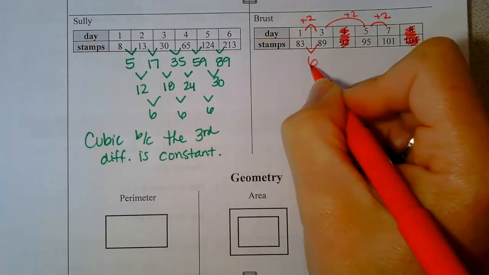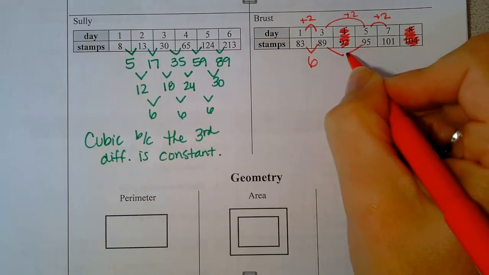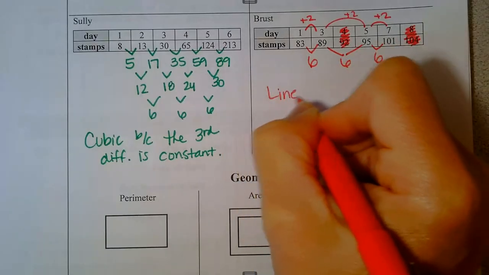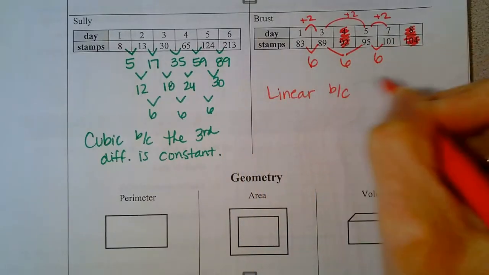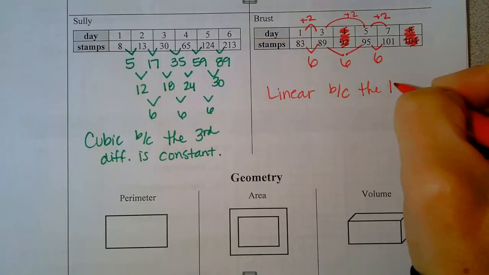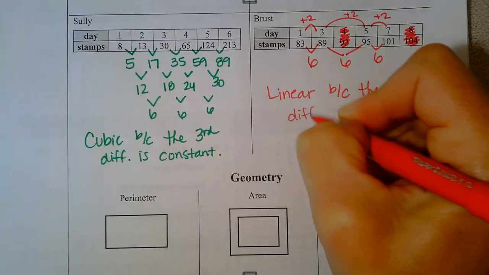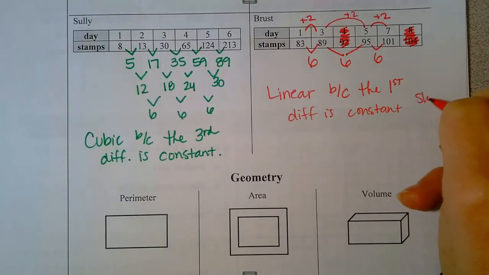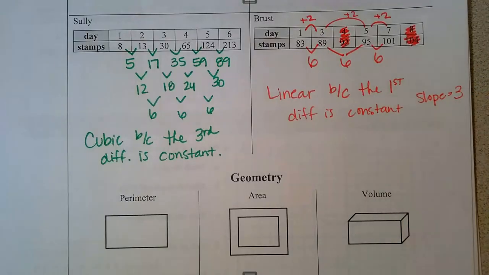So what is this? 6, 6, 6. So this is actually linear because the first difference is constant, and it's a slope of 3 because 6 divided by 2.